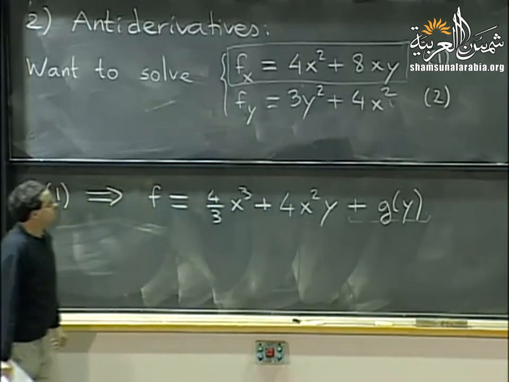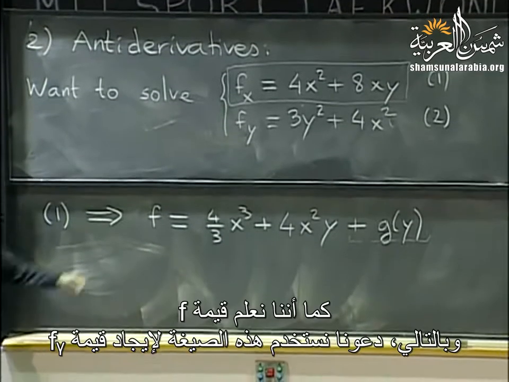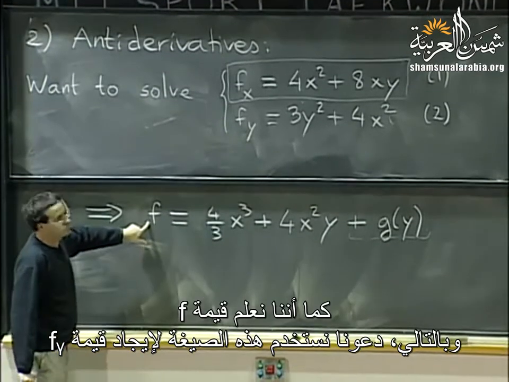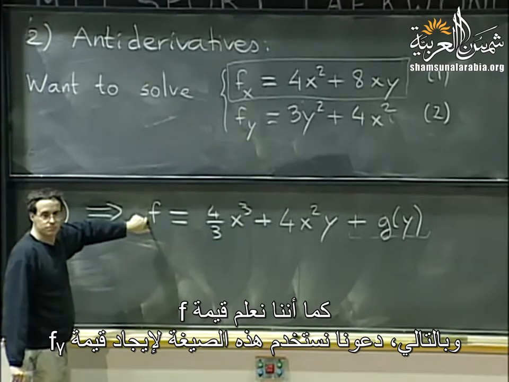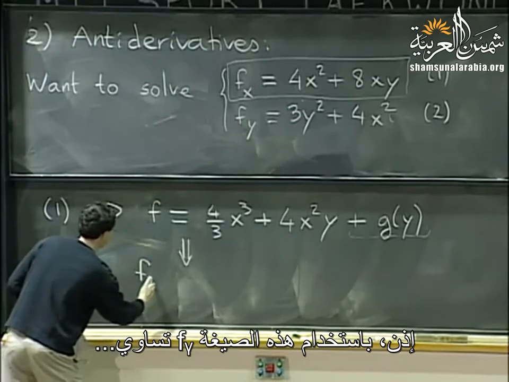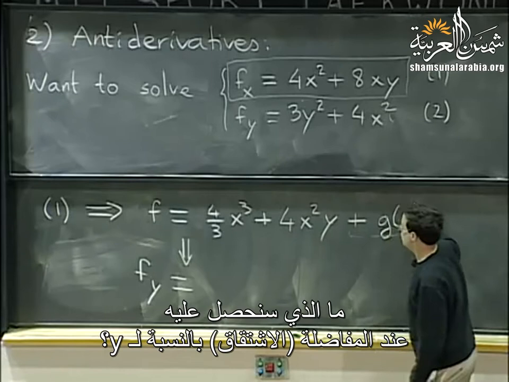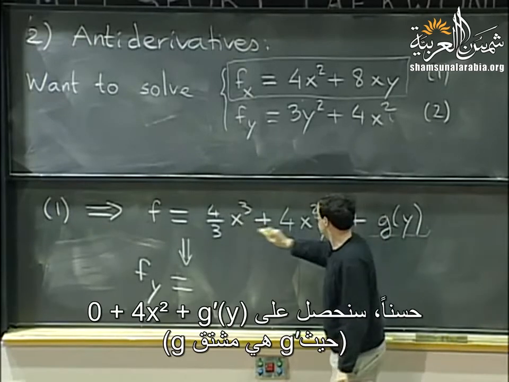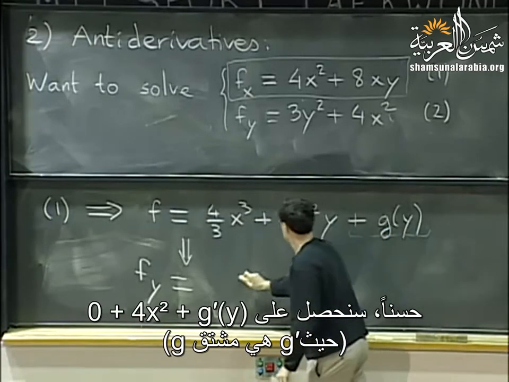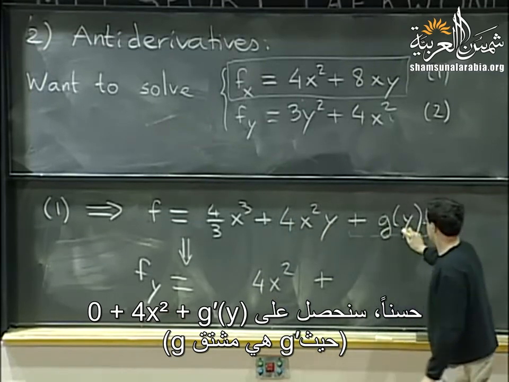But we know what f is, so let's compute f sub y from this. If I differentiate this with respect to y, I get 0 plus 4x squared plus the derivative of g.